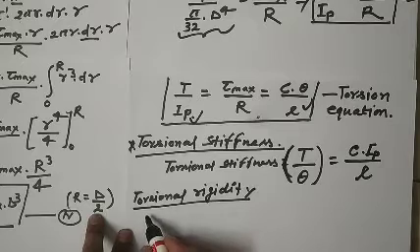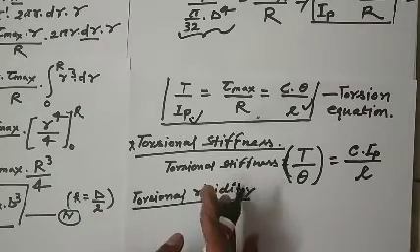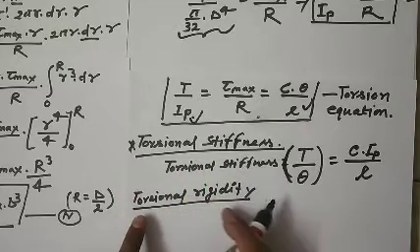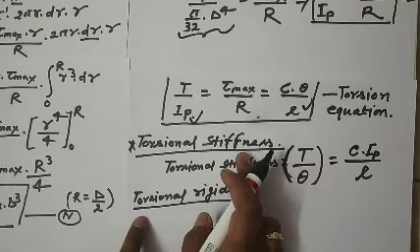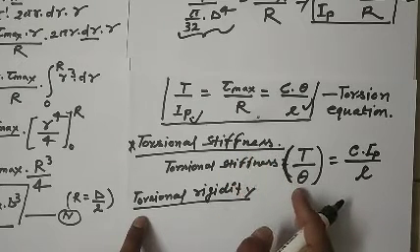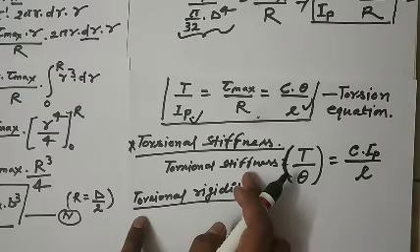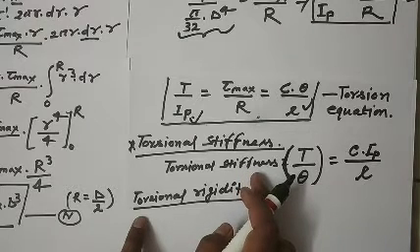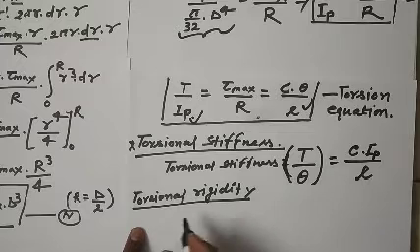I think I should write the definition. There is a very minor difference between torsional stiffness and torsional rigidity. The value of torque per unit angle of twist is torsional stiffness, and torsional stiffness for unit length is known as torsional rigidity.